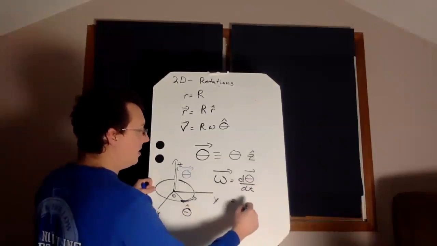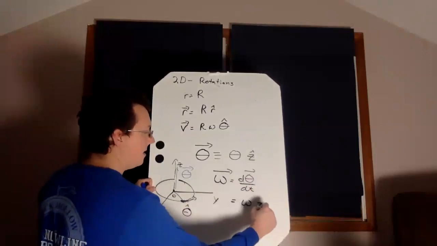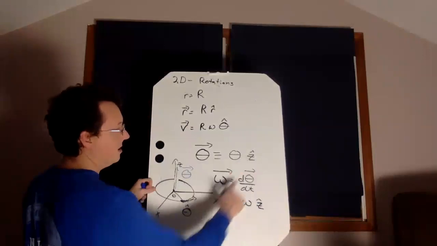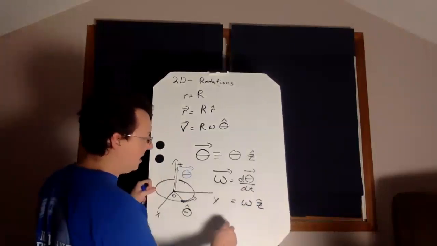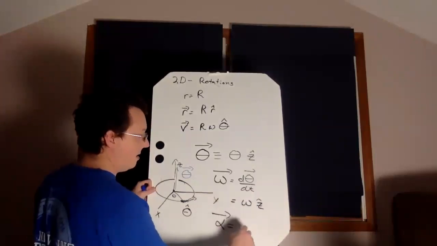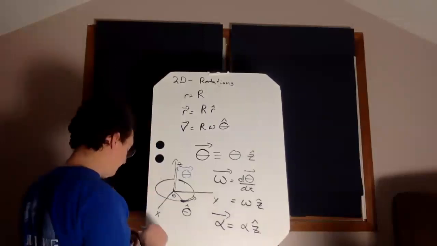And that's nothing other than the scalar omega times z hat, because when the time derivative hits the unit vector z, nothing happens. And similarly, I can define alpha vector and define that to be alpha scalar times z hat.